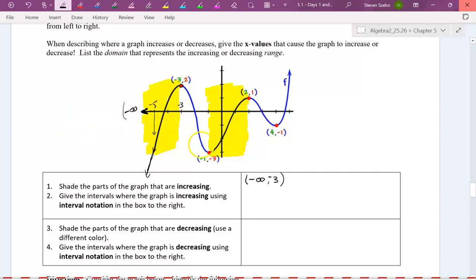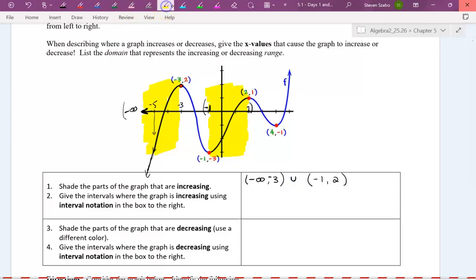Then the graph starts decreasing, but then it starts increasing again here at an x value of -1, and it increases all the way until the x value becomes a +2. So we increase as well from -1 until +2, again parentheses. In between these, we should always list a union.